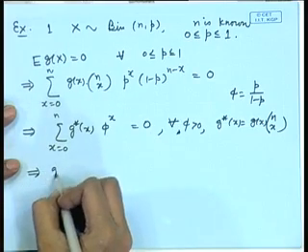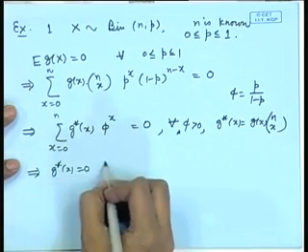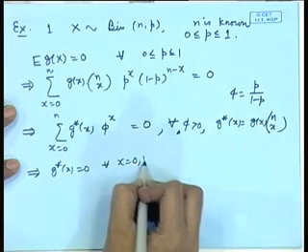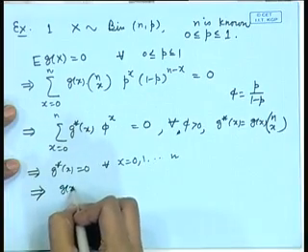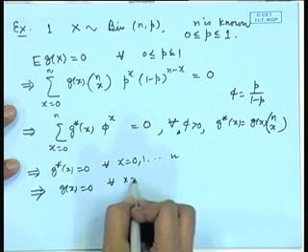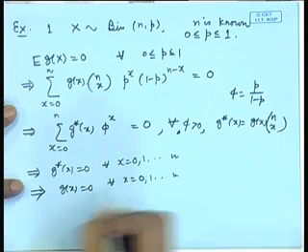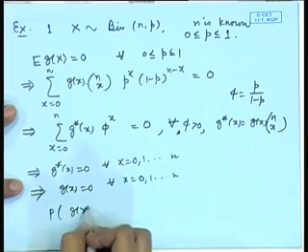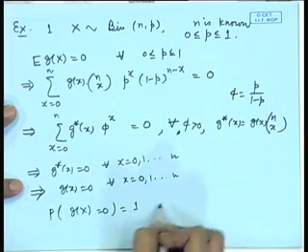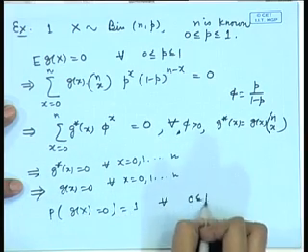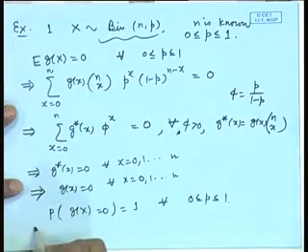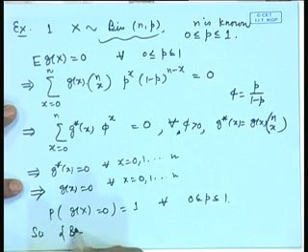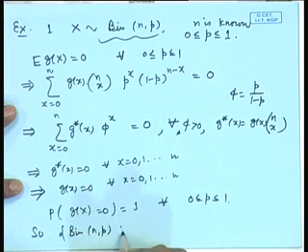That means, g star(x) is 0 for all x equal to 0, 1, ..., n, which implies that g(x) itself is 0 for all x equal to 0, 1, ..., n. So, the probability that g(X) is equal to 0 will be 1 for all p. So, this family of binomial distributions is a complete family of distributions.